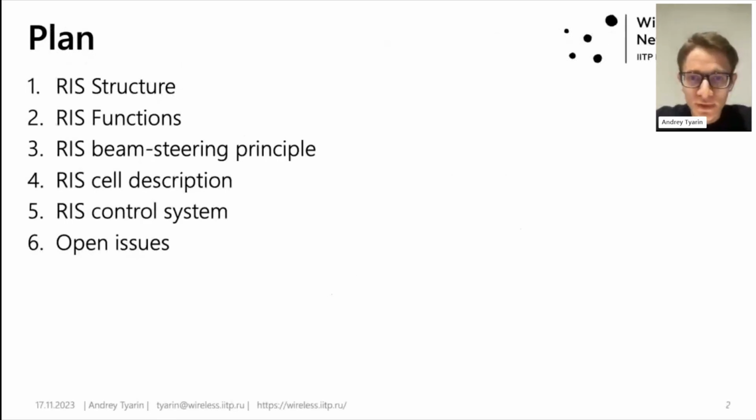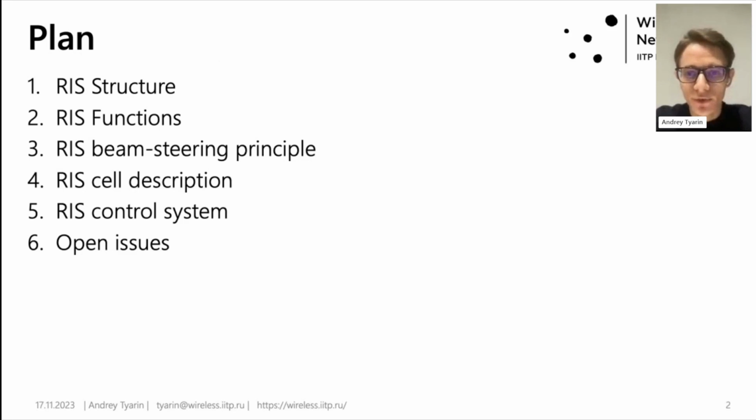Here's our plan for today. Firstly, I will tell you about the Reconfigurable Intelligent Surface, or shortly RIS, and its structure. Then we are going to discuss the main RIS functions. After that, I will briefly explain the principles of RIS beam steering.